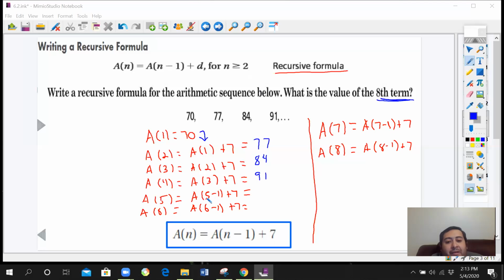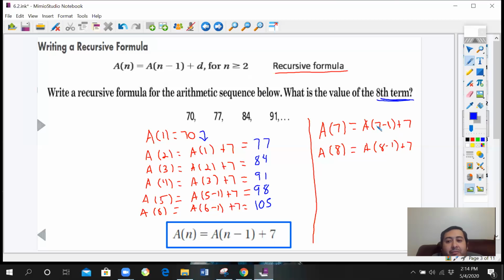All right, so 5 minus 1, you have a 4. So the term 4, which is 91, plus 7 will give us 98. 6 minus 1 is going to give us a previous term, which is A5 plus 7. So it's going to be 98 plus 7, which is 105.